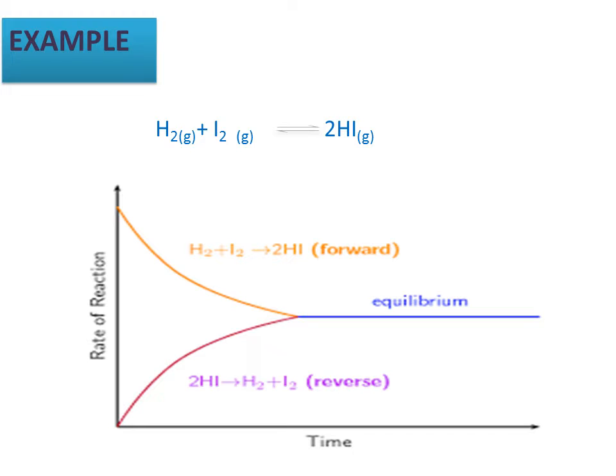There is a point at which, when the forward reaction came, at that time the products react back and give us the reactants in the reverse direction, which we can see in the purple color. So this joining point will be the dynamic equilibrium stage. It means at this stage the speeds of the forward and backward reactions are equal, and this point is said to be the equilibrium point.